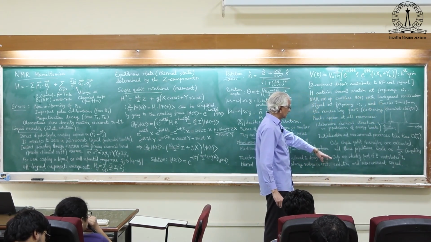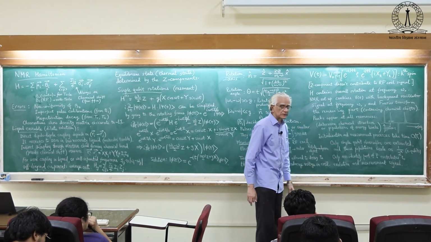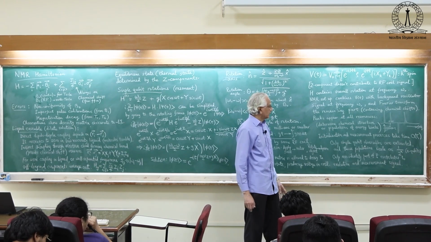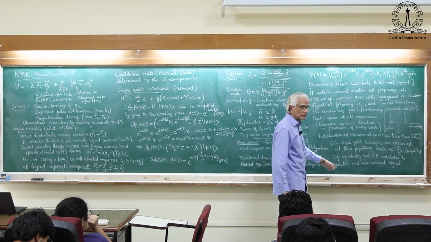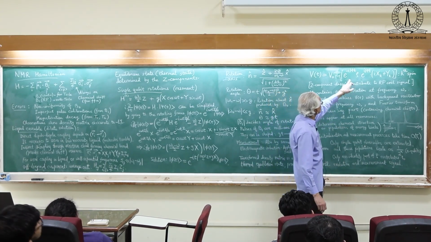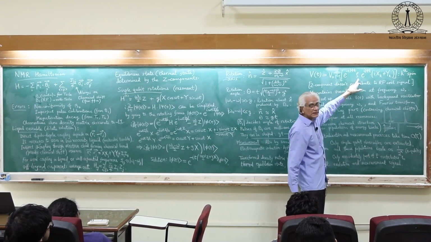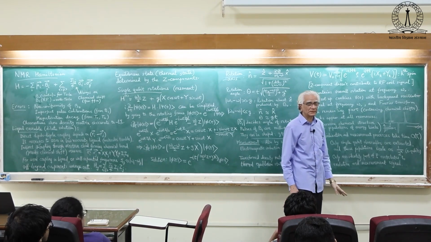If you have any contribution to rho which is proportional to identity, it is not going to get affected either by the algorithm or by the measurement, for the very simple reason that evolution will always be of this particular form. If you put identity matrix, nothing happens to it.